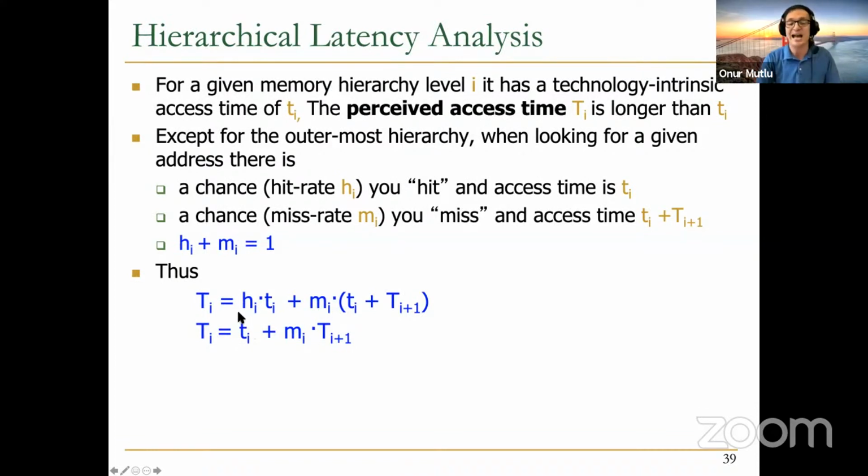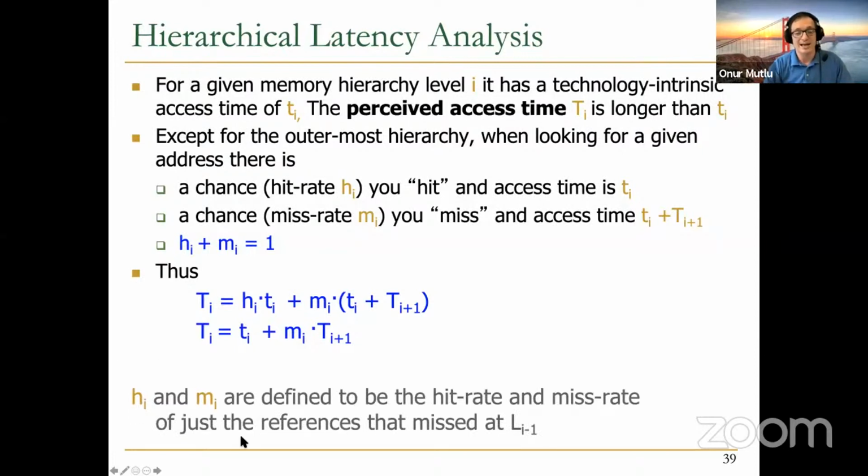You have to access the cache to figure out whether you hit or miss. That's what small Ti means: technology intrinsic Ti means that level's access time. Plus, for misses, you pay the penalty of the next level's perceived access time. Make sense? So basically, you can put values into this hierarchical equation, which I'm going to do before I take a break to show you what it looks like, essentially.